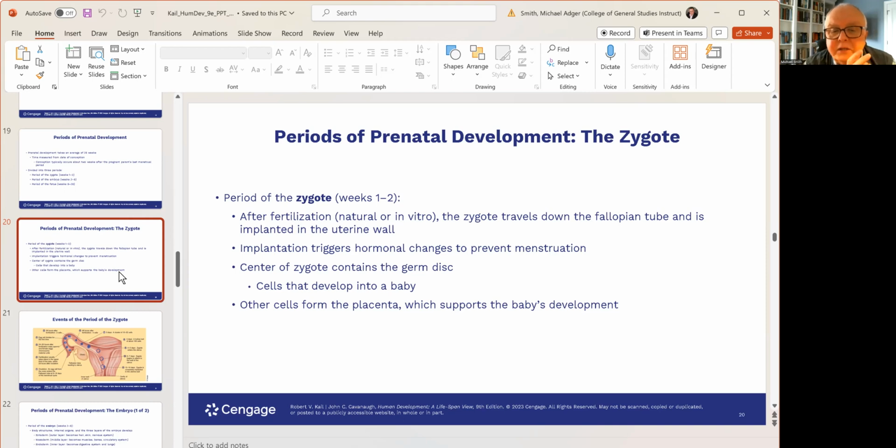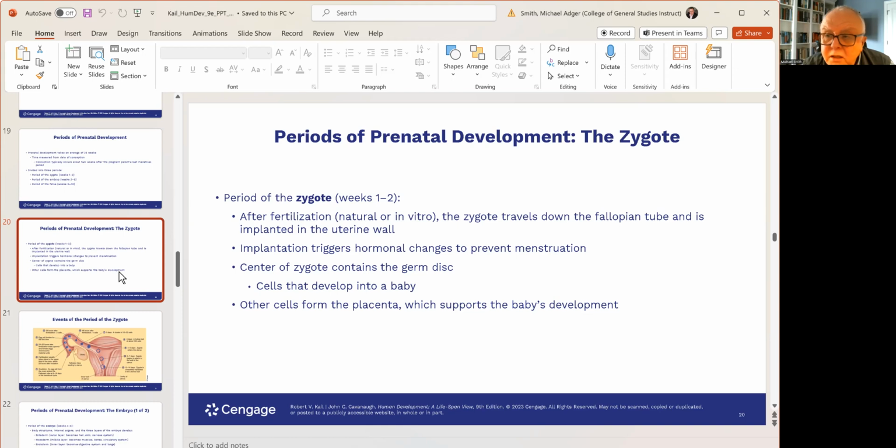So the zygote, which is weeks 1 and 2 after fertilization, and that today can be natural or it can be in vitro, which means that it's done outside the womb. The zygote travels down the fallopian tubes and is implanted in the uterine wall. That implantation triggers hormonal changes that stop menstruation and begin to bathe the embryo with hormones that will trigger those cells that are rapidly dividing and cause them to specialize at some point.